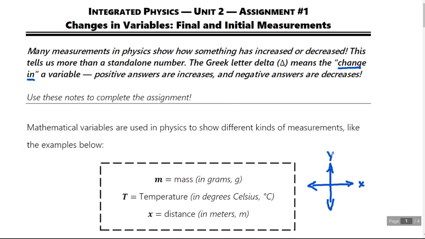So if we have horizontal distance, we tend to use an X for that, and vertical distance, we use a Y for that a lot of times, things like that. You'll see other letters used sometimes too. Sometimes a D is used for distance, but typically we try and pick stuff that seems to fit in some way, so it's easily recognizable. It's not always just an X or a Y or something like that.